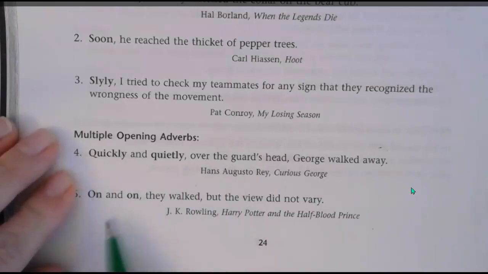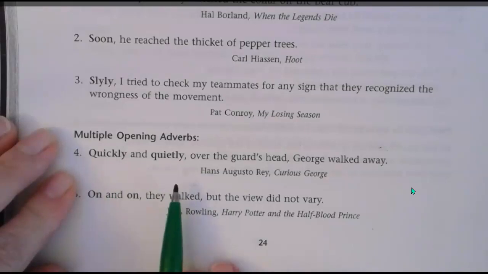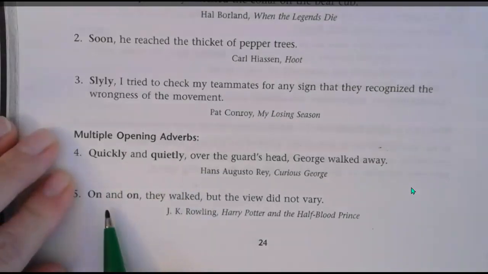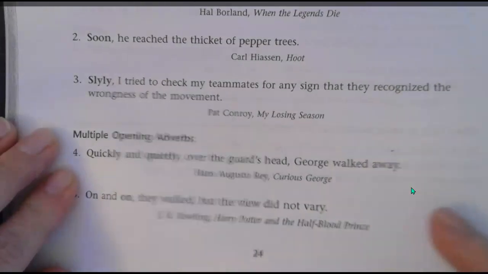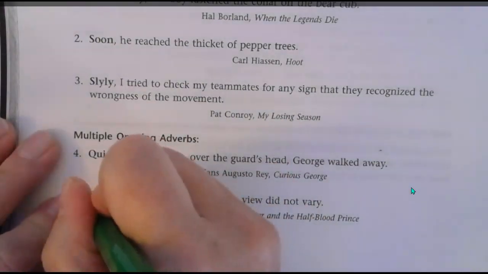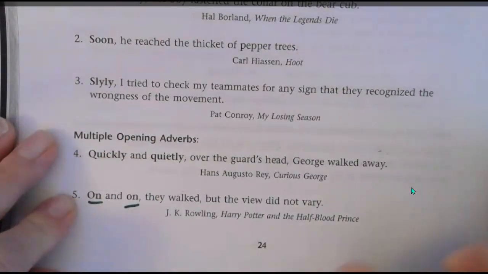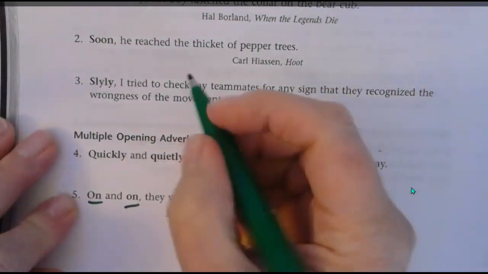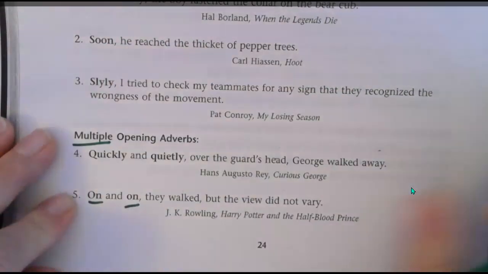Okay. Or we could say two hows, or we could say where and when, okay? On and on they walked, but the view did not vary, and that is from Harry Potter, okay? So even though that's the same word, we're using an adverb twice. So that would be multiple adverbs.